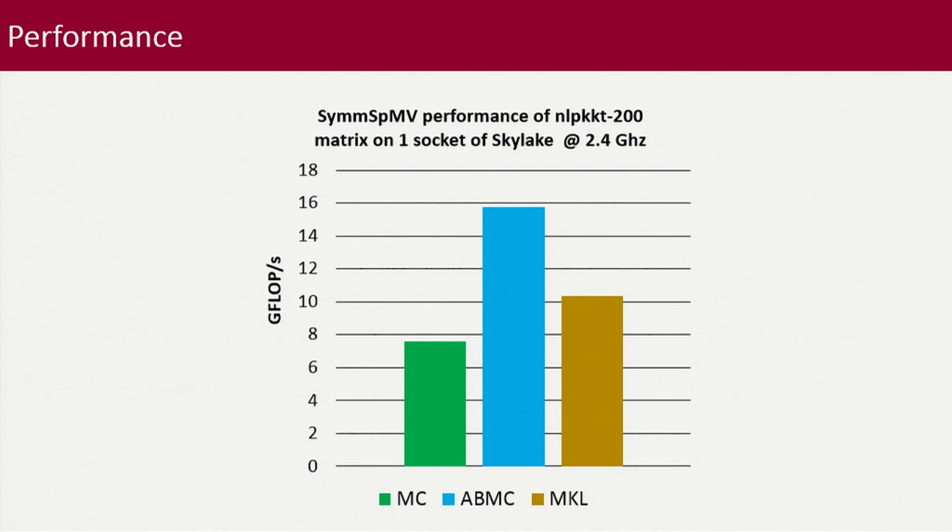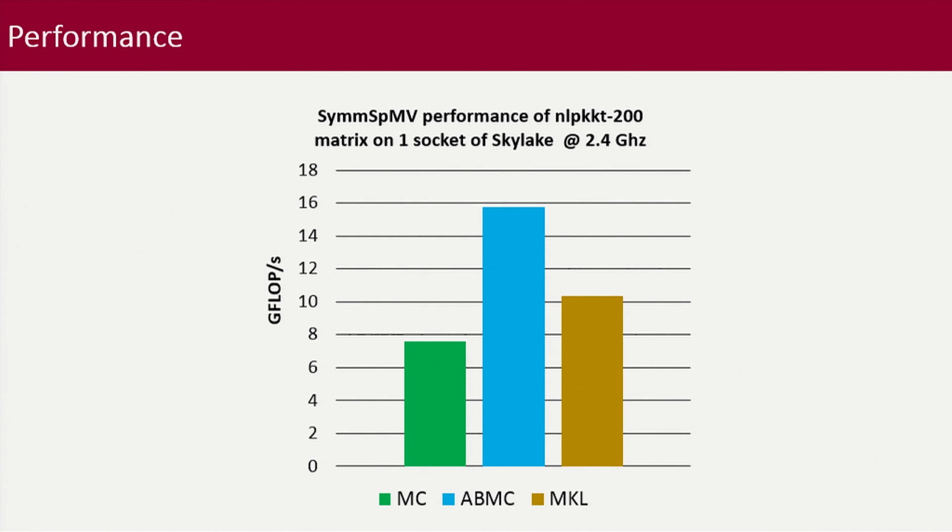Now, as we have understood the basic principle of these methods, it is a good time to check the performance behavior of these methods. The following results were obtained for running the symmetric sparse matrix vector, or SymmSpMV, benchmarks using the nlpkkt200 matrix, which is publicly available in the SuiteSparse Matrix Collection. Here we have chosen a modern Intel Skylake architecture.